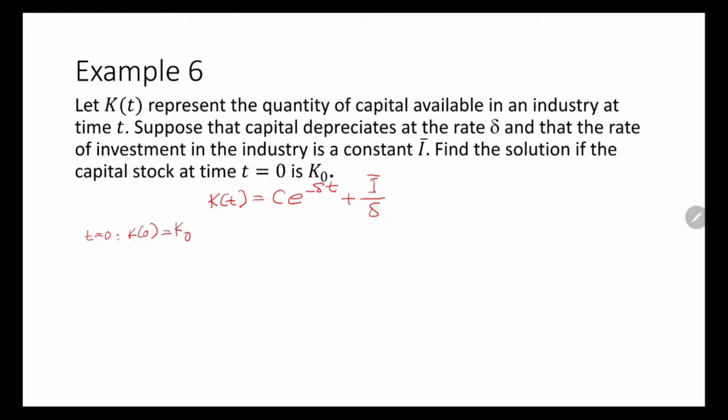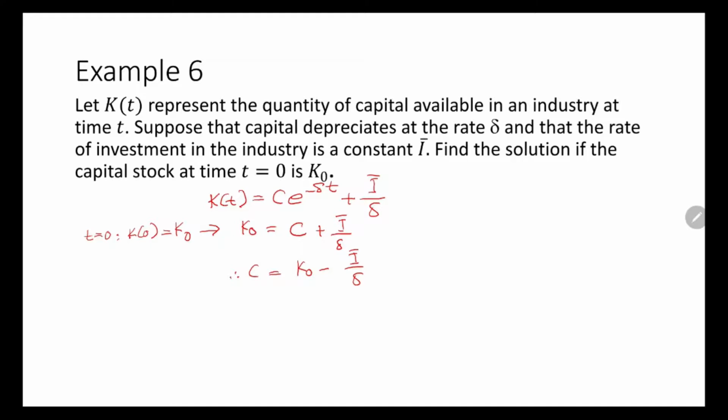Okay, so what happened here? k0 will be equal to c e to the power of 0, which is 1, so leave it that way, plus I bar over delta. And of course here c is just equal to k0 minus I bar over delta, right?